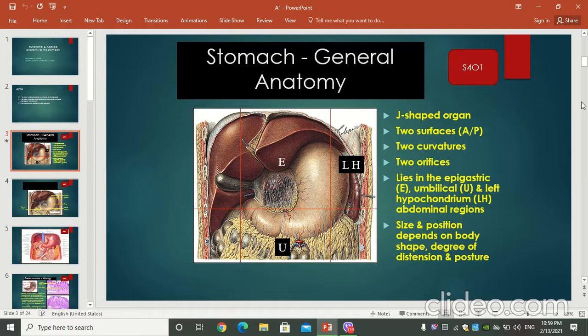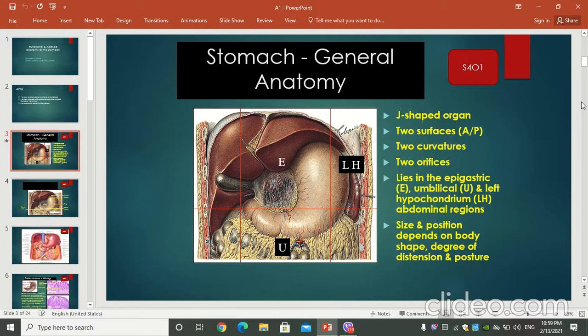General anatomy of the stomach. It is a J-shaped organ, consists of two surfaces, anterior and posterior, two curvatures, lesser curvature and greater curvature, two orifices, cardiac and pyloric.